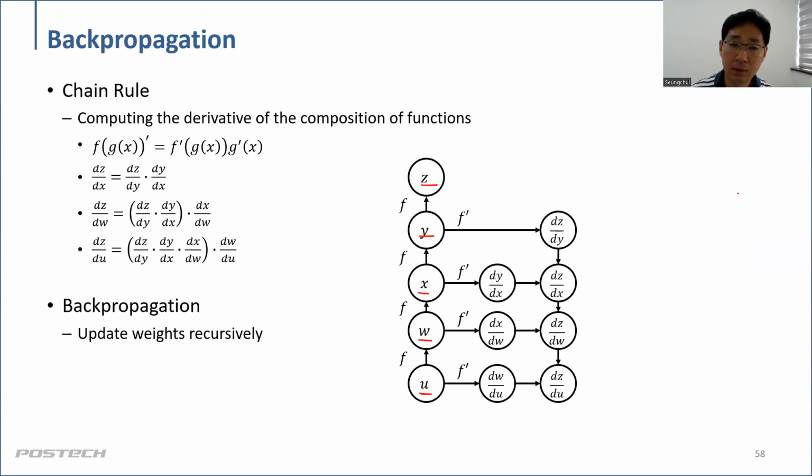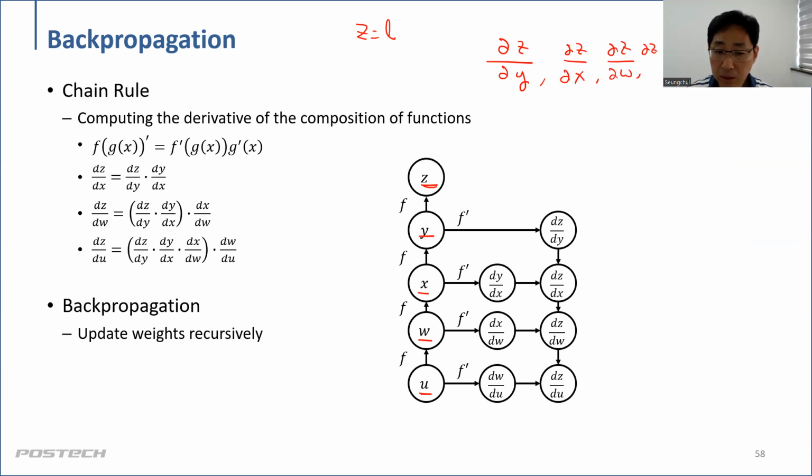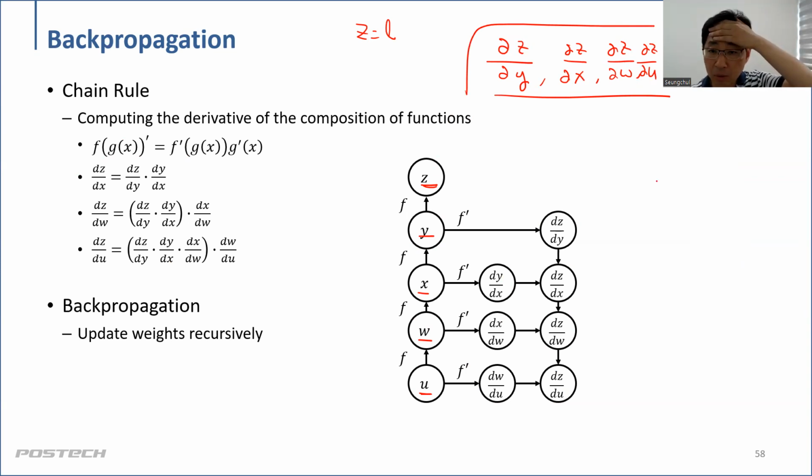Now I want to treat z as the loss function. And what I need to do is find that guy, and I need to find this guy. I need to find these gradients to decide, in the next iteration, whether we're gonna update y, x, omega, u.